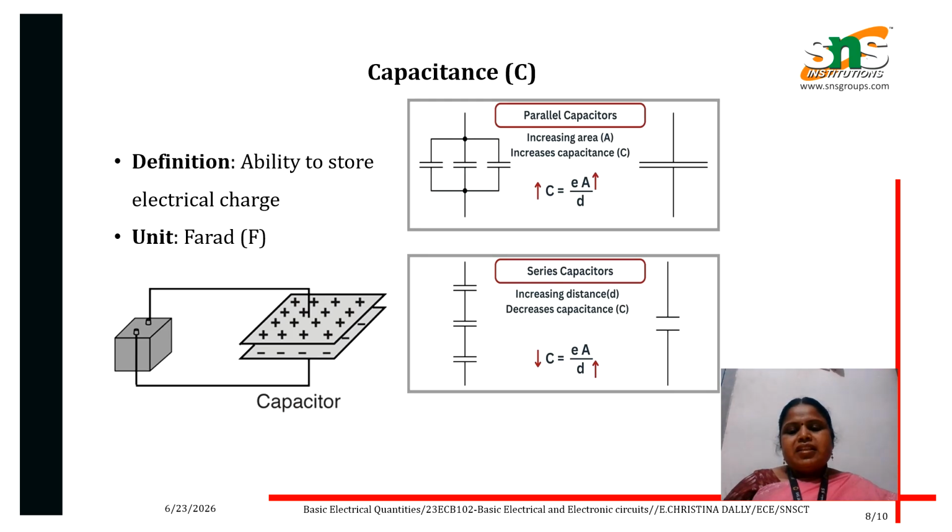And in case of the series capacitance, we are increasing the distance so that the capacitance value decreases. So C is proportional to A by D: it increases the capacitance if the area gets increased, and increasing distance decreases the capacitance.